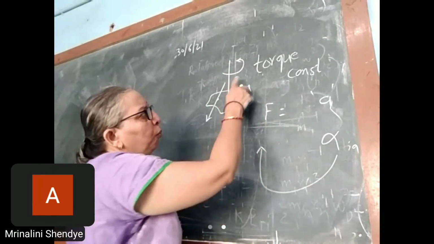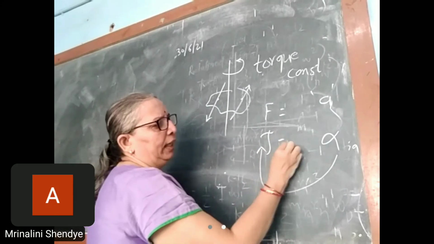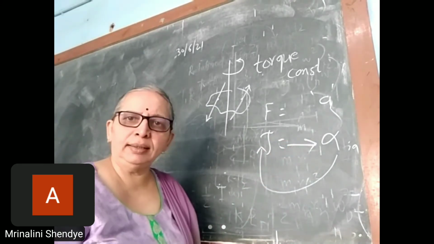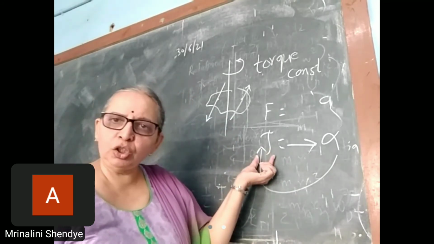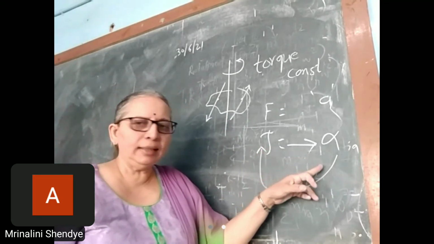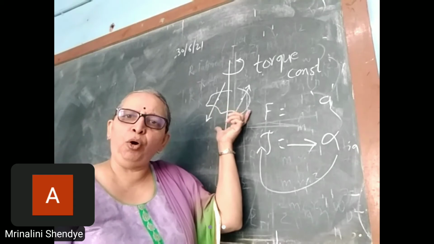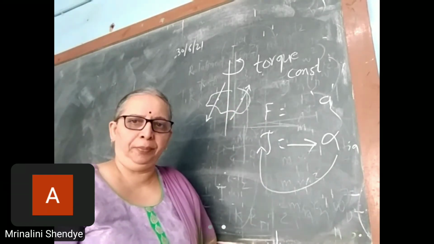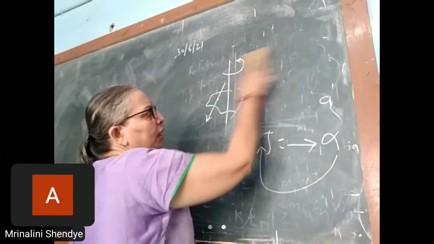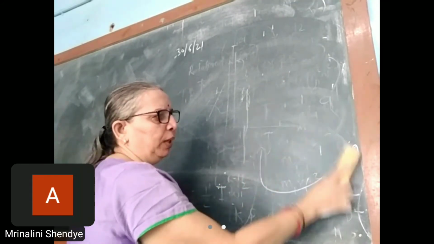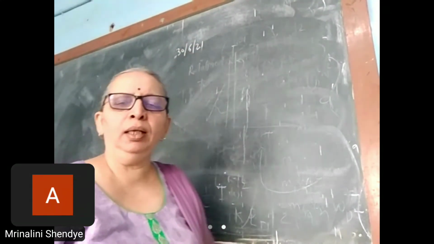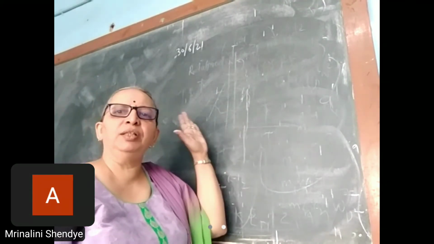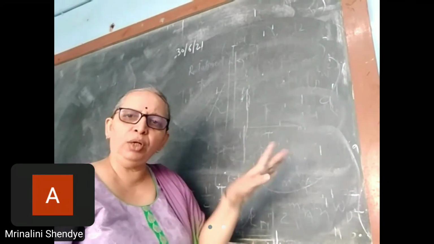So torque produces, indirectly we say, angular acceleration. So there should be a certain relation between the cause of rotational motion and the acceleration produced in the body during that motion. So we will proceed further to find the expression between the cause of rotational motion and the acceleration with which that body rotates during rotation.